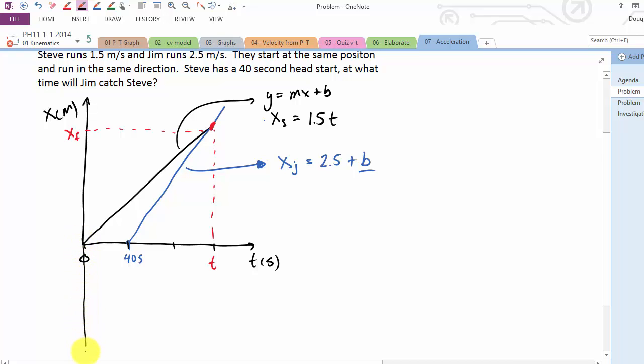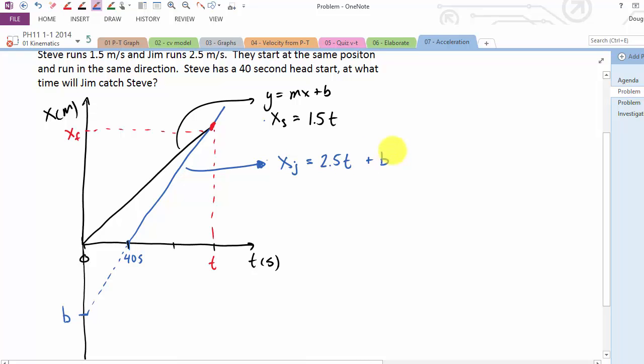We can actually sketch it on a graph here. That's the y-intercept for Jim. How can we go about figuring out what that is? We have an equation here with, oh sorry, this is supposed to have a t on it. There we go.